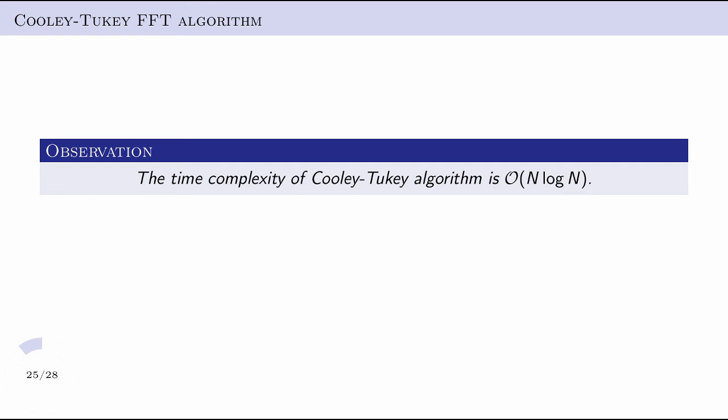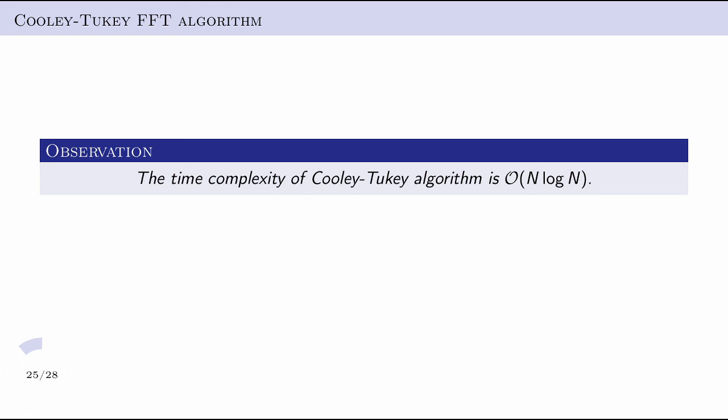So we have 2 to the log 2 of n, and so this 2 and this log cancel, and in addition we have this step of recombination when we need to multiply each element of the sequence by the appropriate omega.